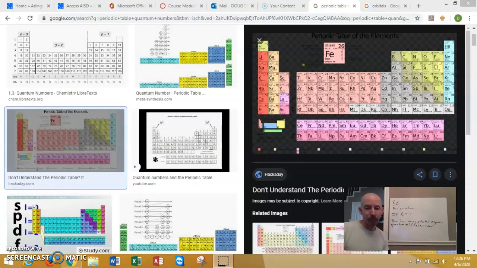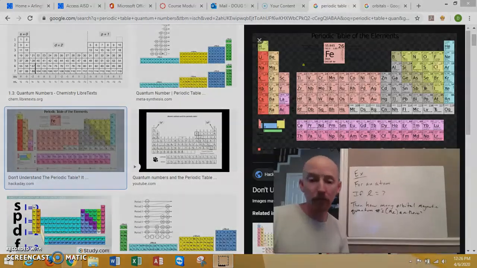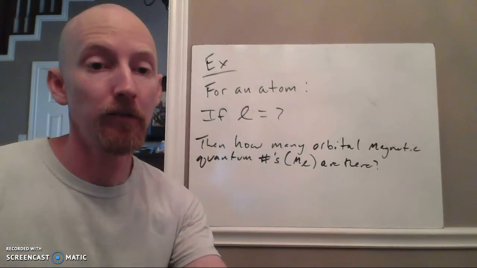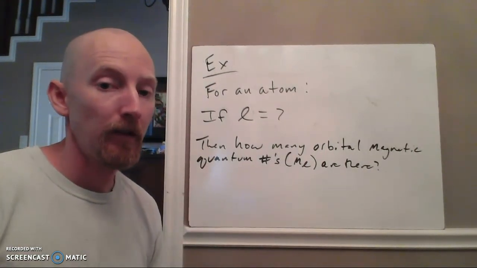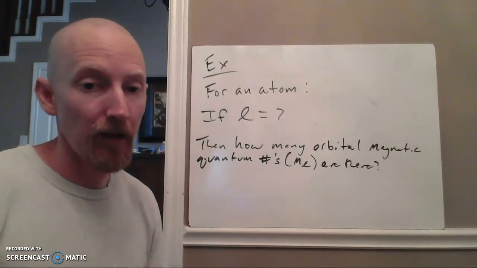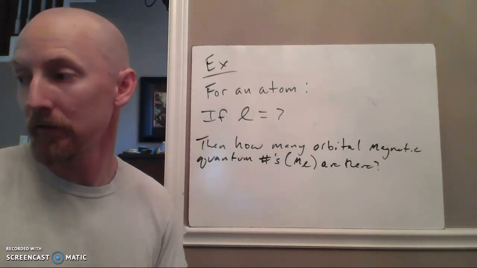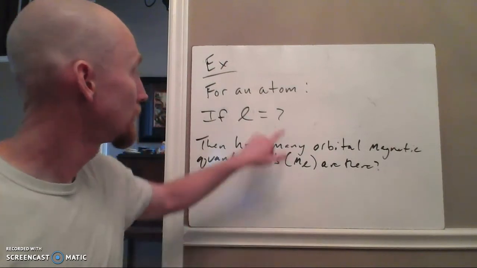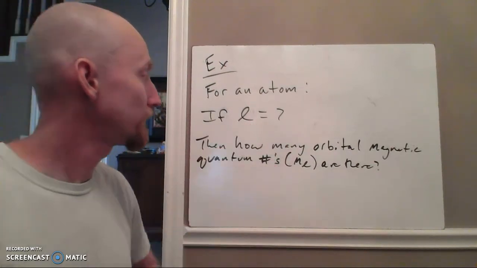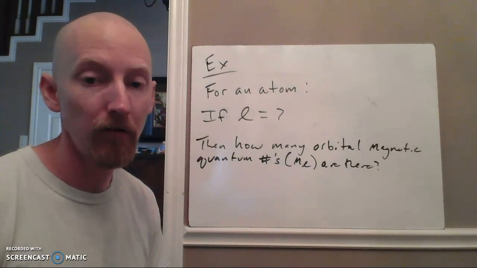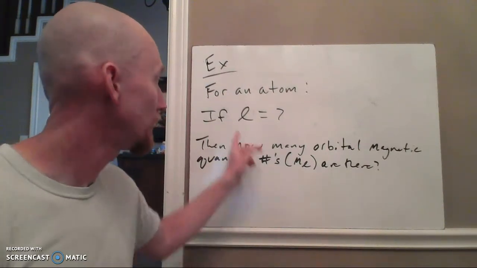All right, last thing. Let's see if I can make this a little bit bigger. So here's an example that I would give y'all. For some atom, let's say that L, which is our orbital number, our subshell number, is 7, right? Then how many orbital magnetic quantum numbers are allowed if L is 7?